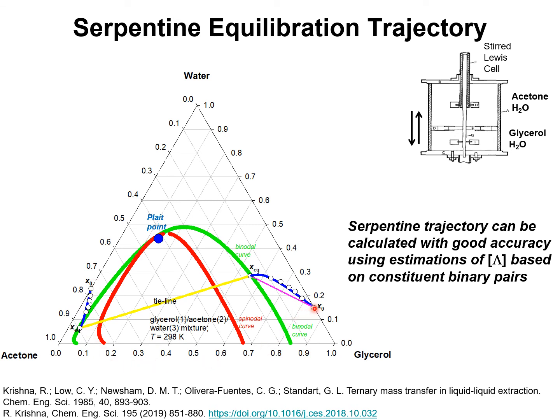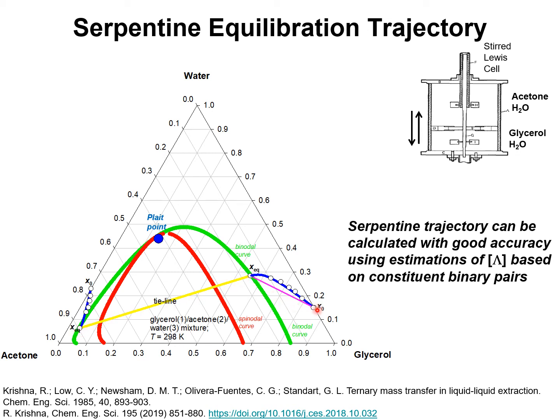If we join this point with the initial point here, the mixture composition ends up in the two-phase region and the phases will equilibrate to the compositions shown at the end of this tie line.